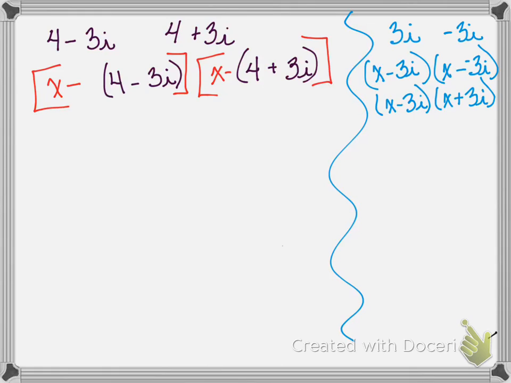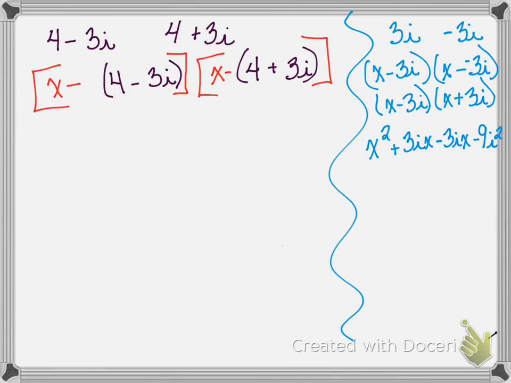Okay, at this point we FOIL. x times x is x squared. x times positive 3i is positive 3ix. Negative 3i times x is minus 3ix. Negative 3i times positive 3i is negative 9i squared. Okay, we want those middle terms to cancel out.